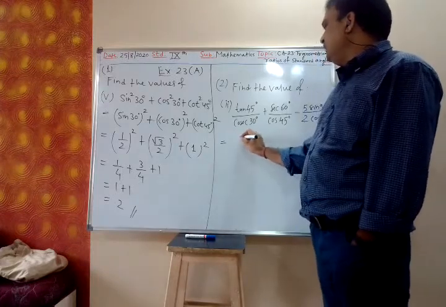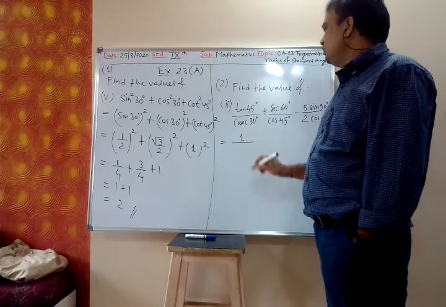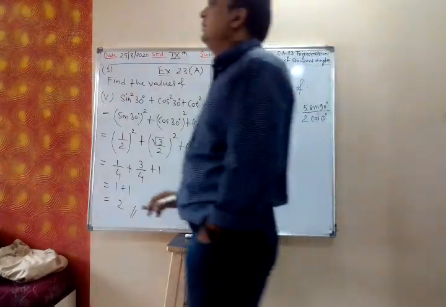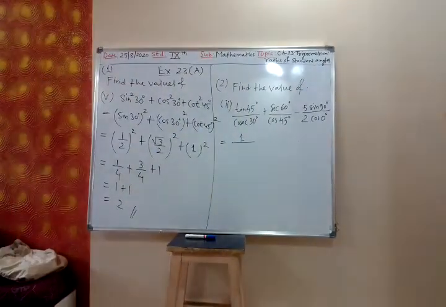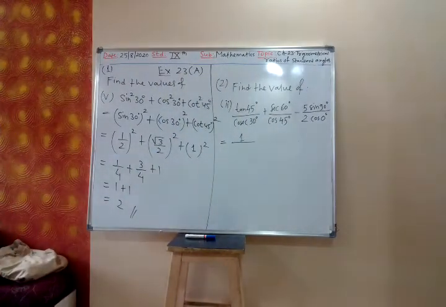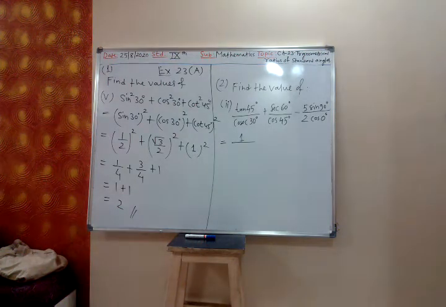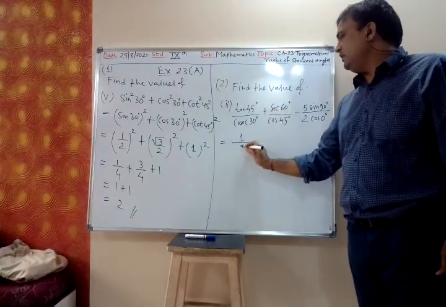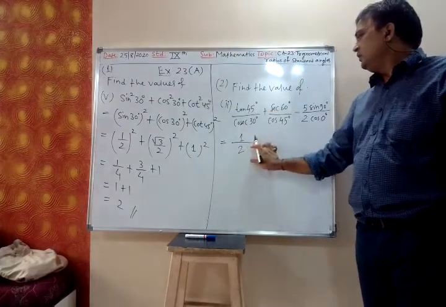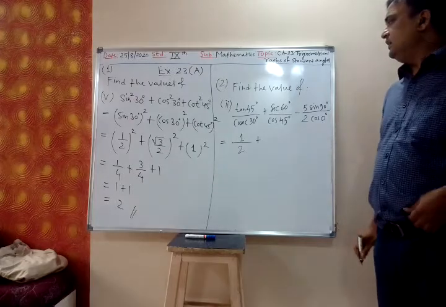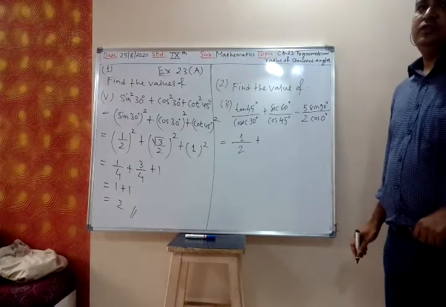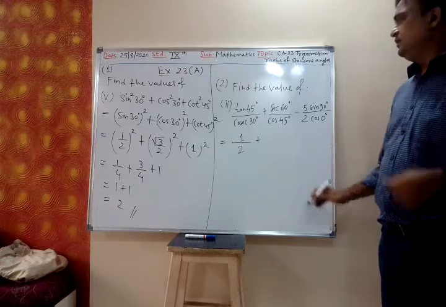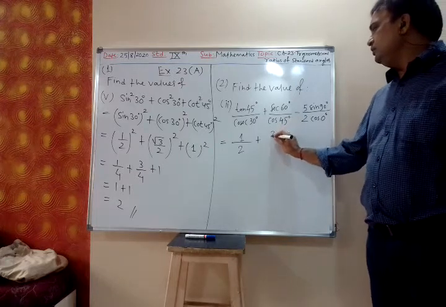Now tan 45 degree is 1. Cosec 30 degree: cosec is the reciprocal of sine. So what is sin 30 degree? Sin 30 degree is half. So cosec is the reciprocal of that, 2. Then sec 60 degree: sec is the reciprocal of cos. Cos 60 degree is half, so the reciprocal of that will be 2.